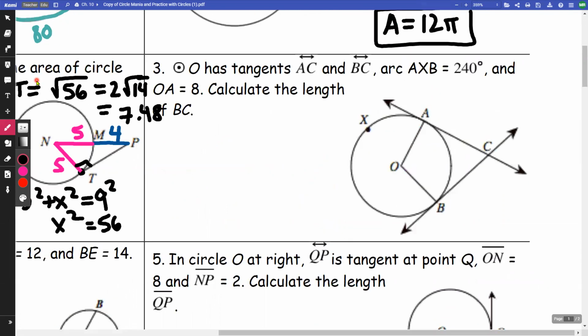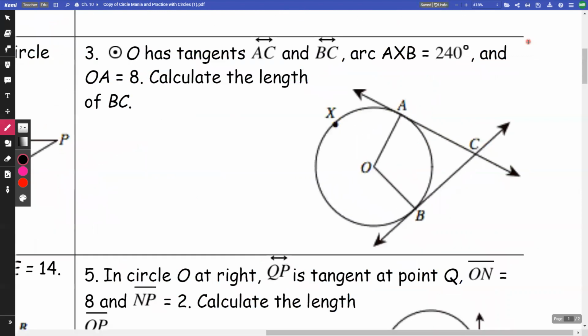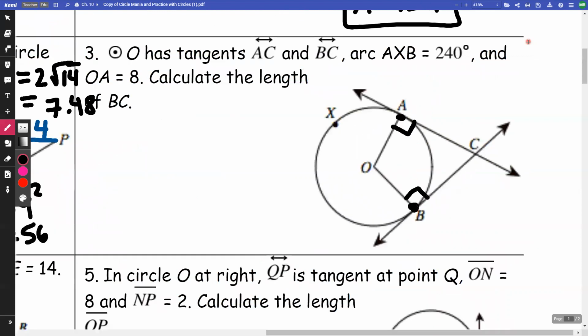On number 3, in this situation, we know that A is a point of tangency, B is a point of tangency. So that means that I have a right angle there, and let me make this a little bigger. I have a right angle here. I also know that OA, which is going to be the radius, is 8, which means that going to here is also 8.